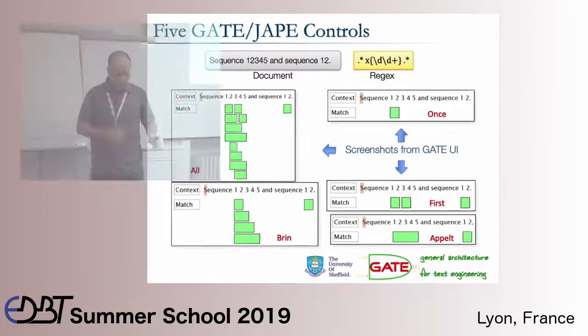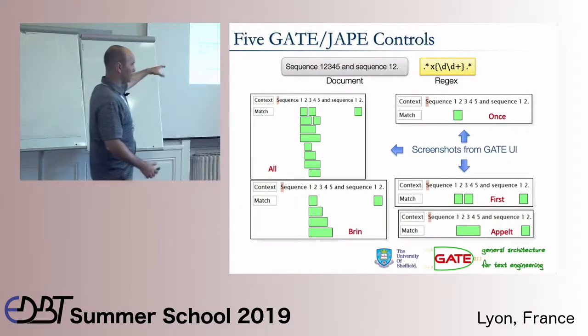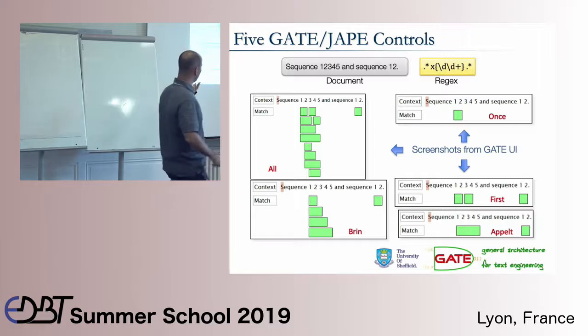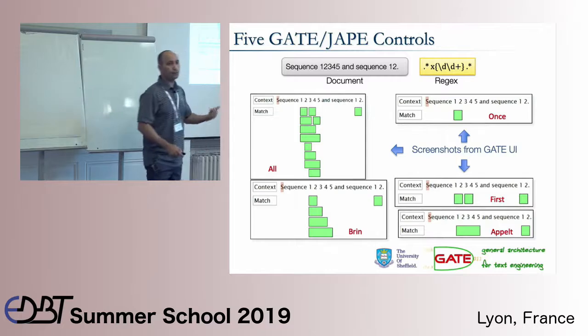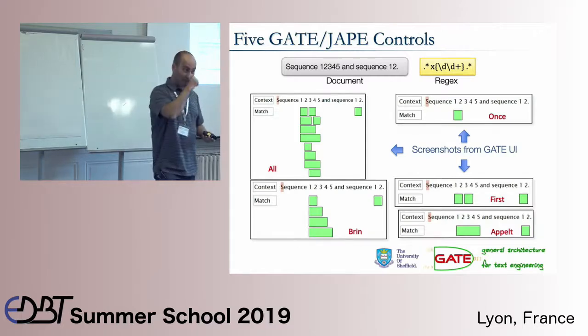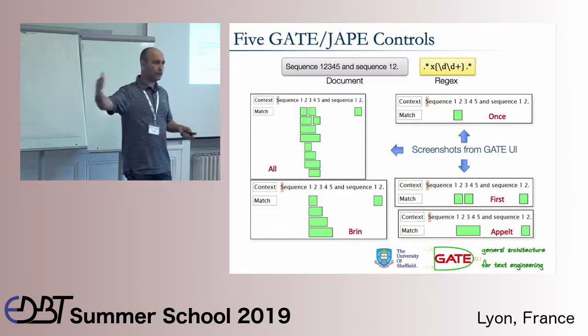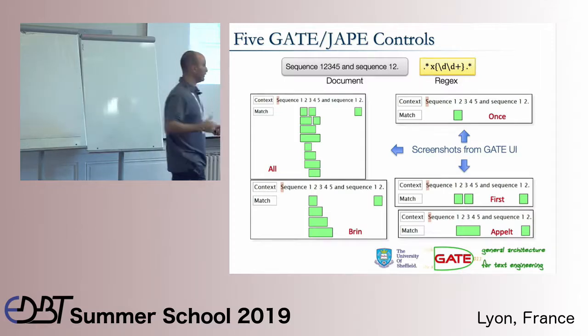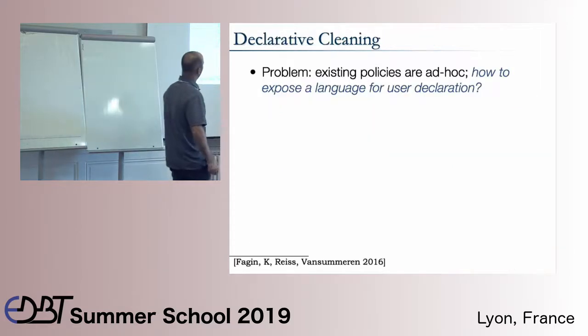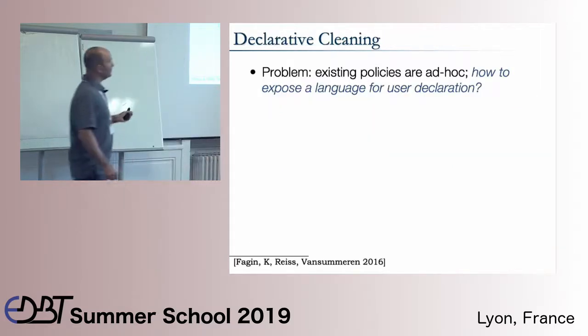So also when you look at the documentation of what these conflict resolvers do, it's not very easy to understand, because they talk about the algorithmic side, how the matcher is stopping at some point and then starting at the next point and so on. Okay, so what did we do?